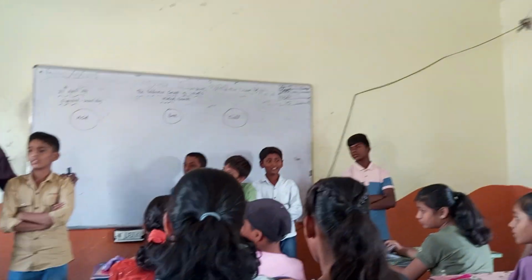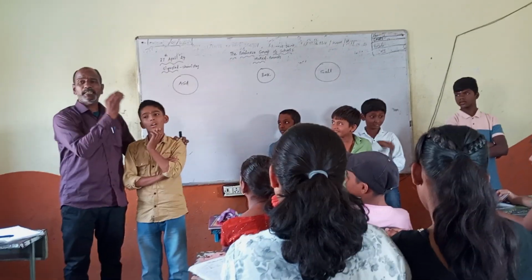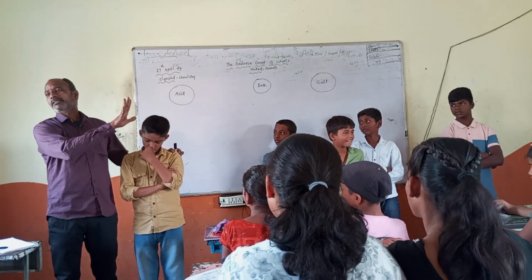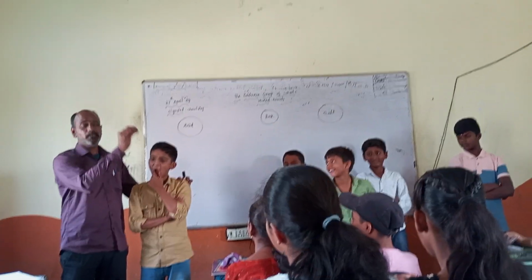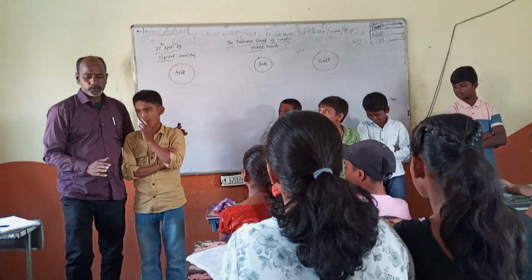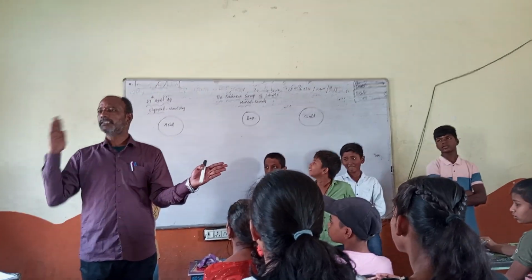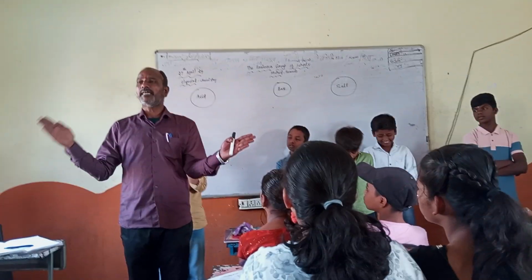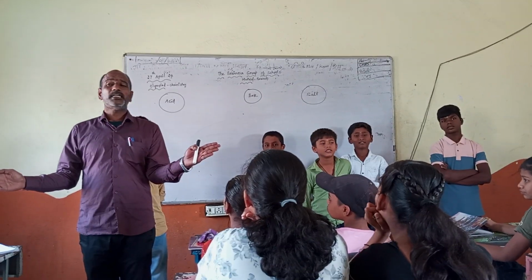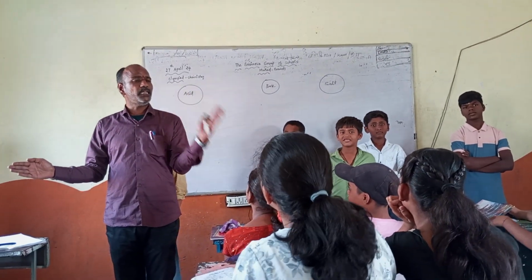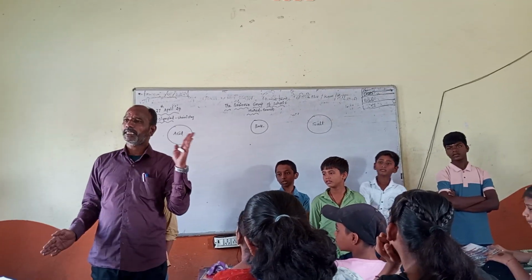Weak acid means the acid whose H plus ions dissolve partially. So what is strong acid? Which can dissolve H plus ions completely. Which can dissolve H plus ions partially is called weak acid.